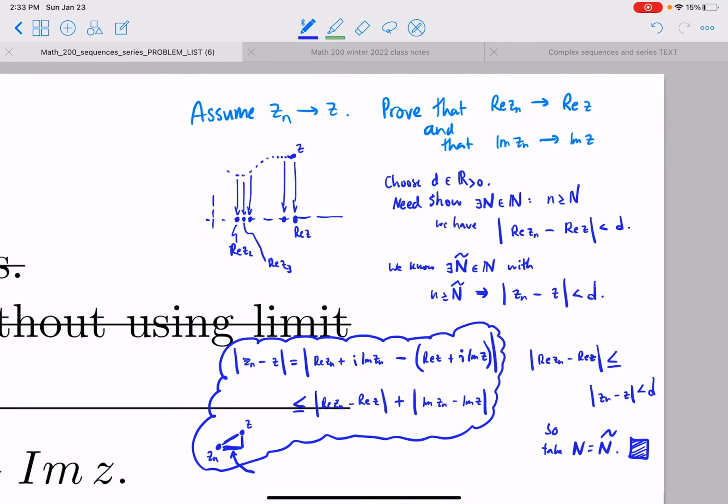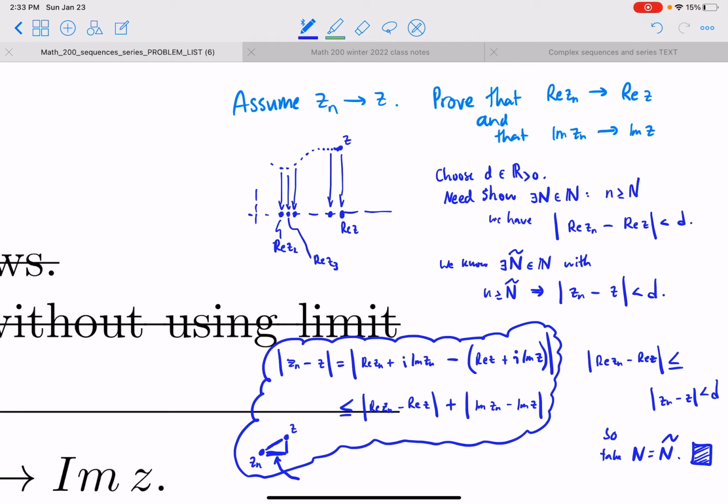Now let me look back and see if I've written something that makes sense. Okay, assume this, prove that. Choose d. Now what do I need to do? I need to show that there exists an n such that this is true whenever we go past that capital N. Well, we know that there's an N tilde such that going past the N tilde puts us there because of this.